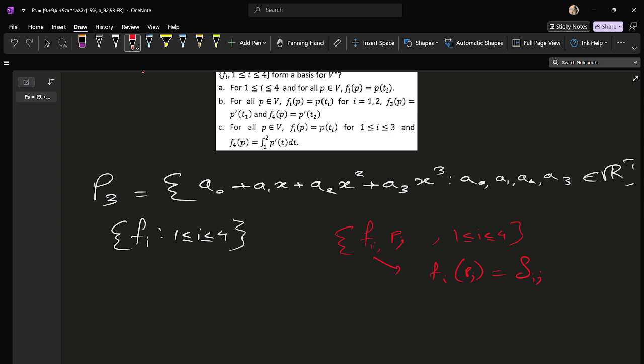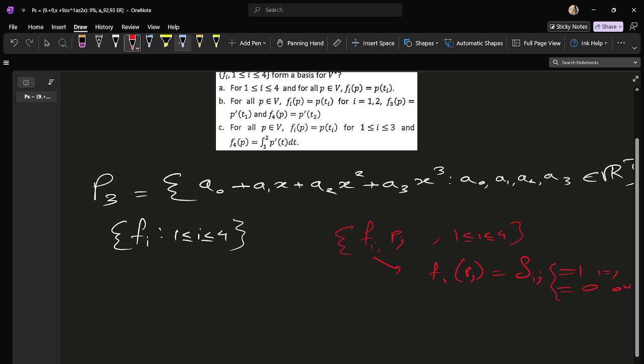It equals 1 for i equals j and equals 0 otherwise, for some pj's which form a basis of V. So we have to show the existence of a basis set in V. We want to check the existence of such a set.